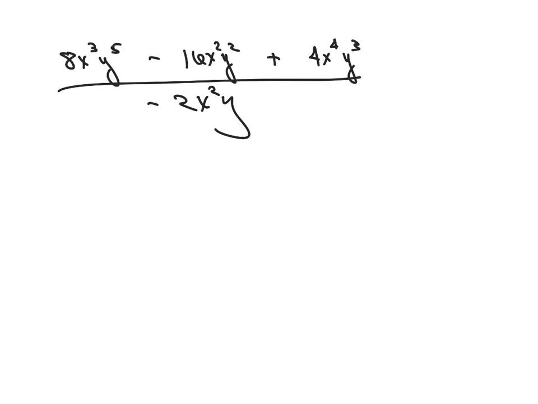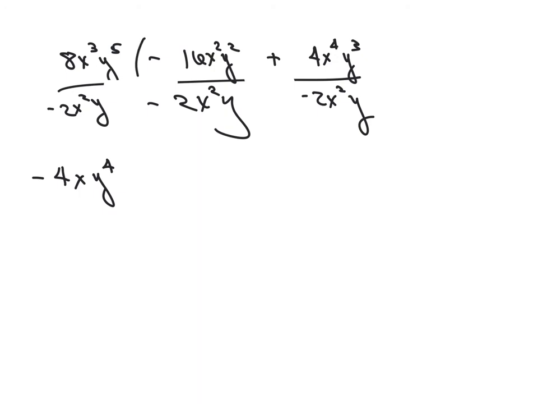Okay, there's example 2. I'm going to do the same thing. I'm going to put a negative 2x squared y there and a negative 2x squared y there. This time I'm going to erase there, and we just go and cancel each one. 8 over negative 2 is negative 4. x cubed over x squared, 3 minus 2 is 1. y to the fifth over y, 5 minus 1 is 4.